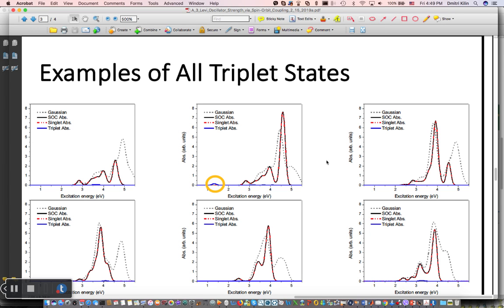And most of them are zero. You can barely even make out, here you can see a little bit, here maybe a little bit, here is obvious. So it doesn't really add anything to the absorption spectra, which is one reason why I say let's just throw it out and only look at T1, because it's only for emission. It doesn't really do anything for absorption.